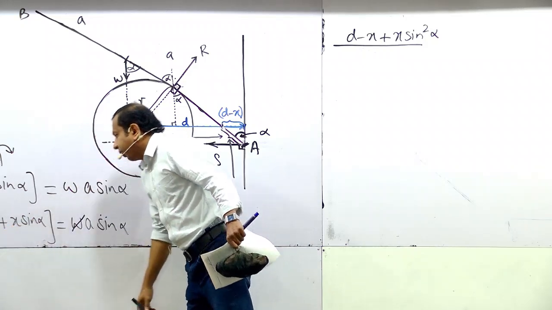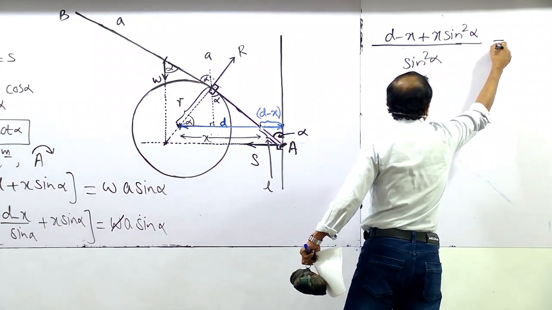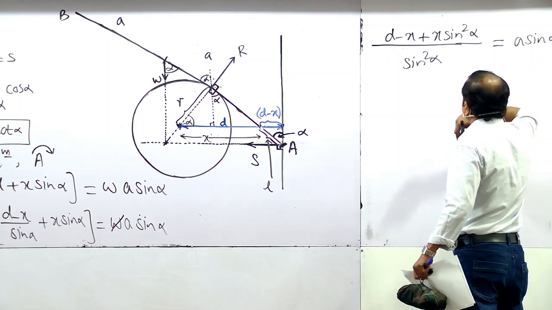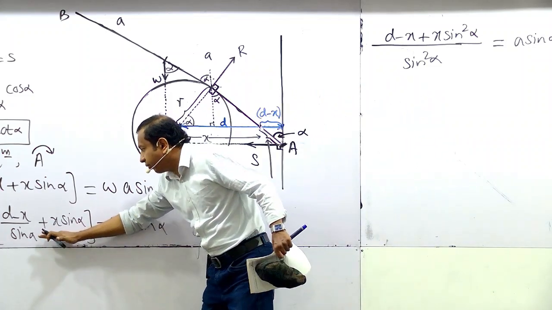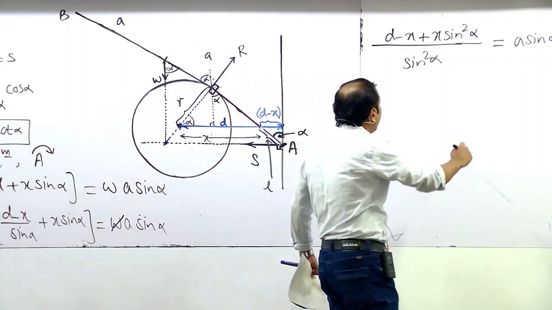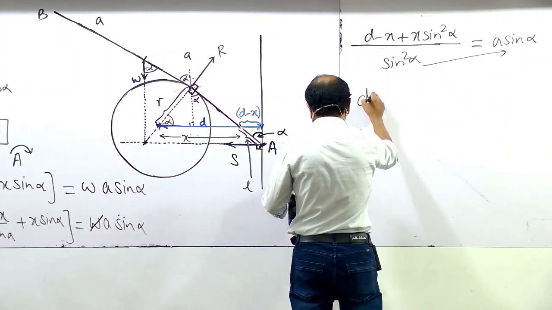Another sin alpha here we have. Then they took the sin squared alpha equals a sin alpha. Right. I think I am correct. Here, after taking common denominator, we have sin alpha. This sin alpha also, I have sin squared alpha. Now by that we multiply this here. d.